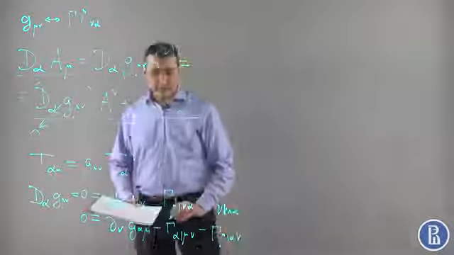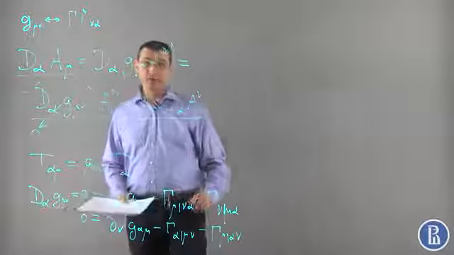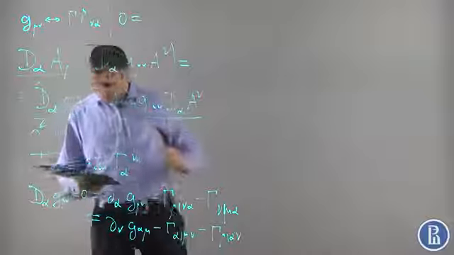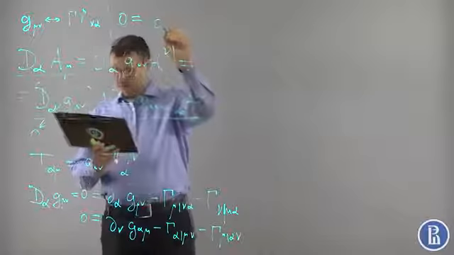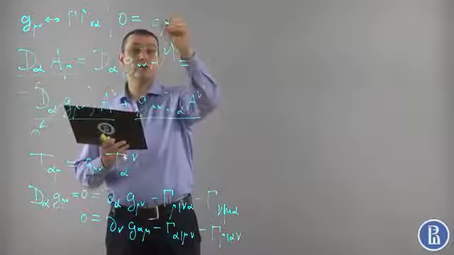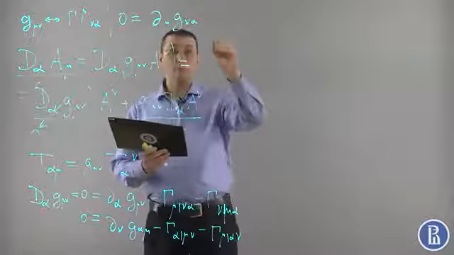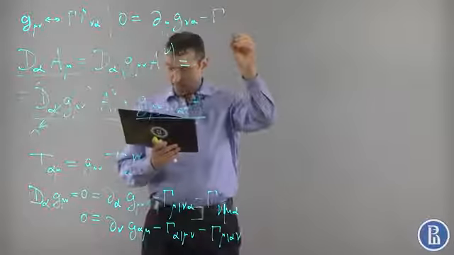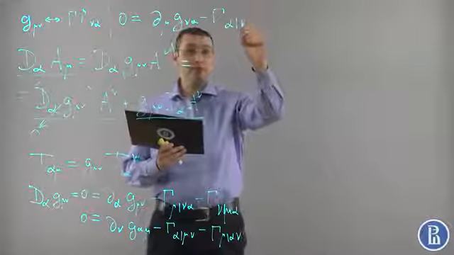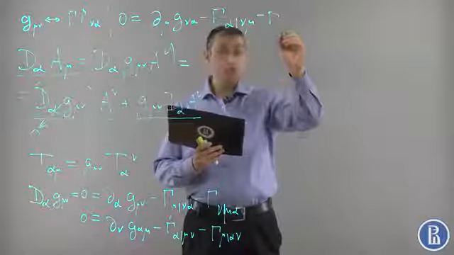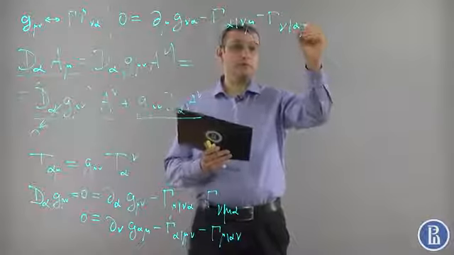This is another way of writing the same equation, and there is a third way. Let me write it here. 0 is equal to d mu g nu alpha minus gamma alpha nu mu minus gamma nu alpha mu.